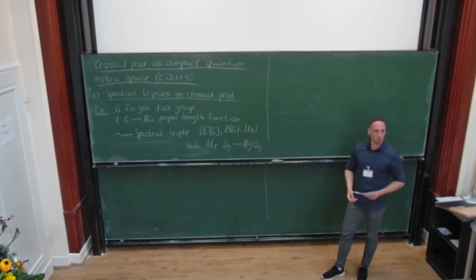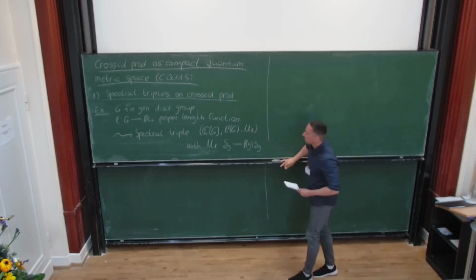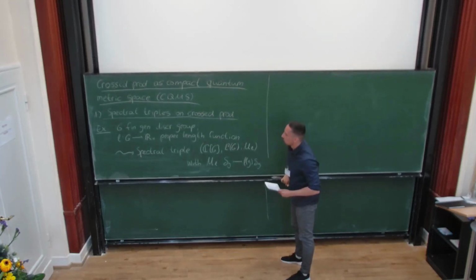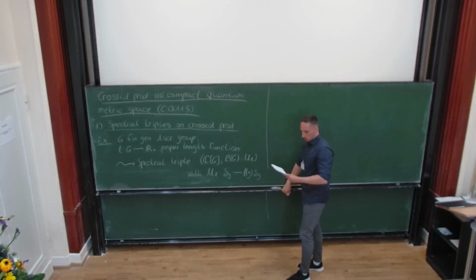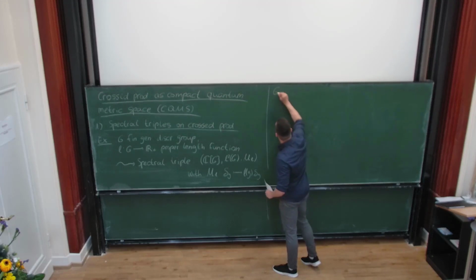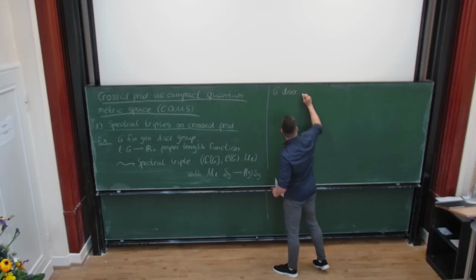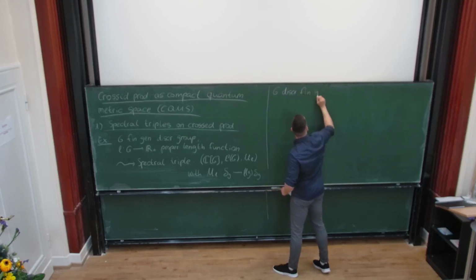I would say it's a natural question to ask for something which looks similar on the cross product level. So this is what I want to talk about next, and let me fix the setting. Again, let's take a discrete finitely generated group.